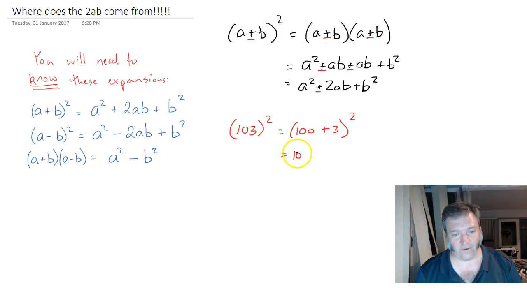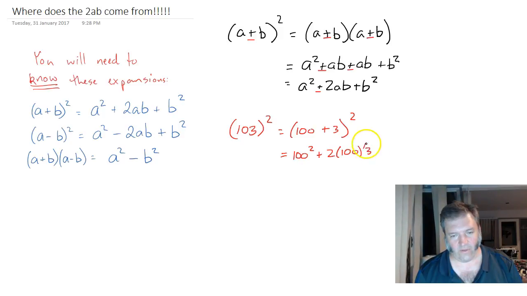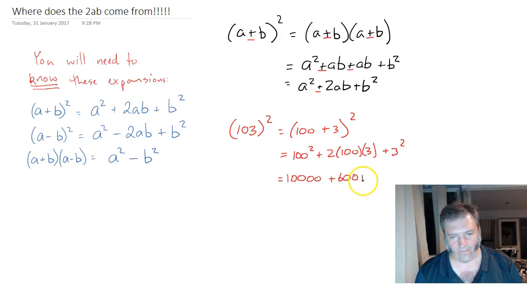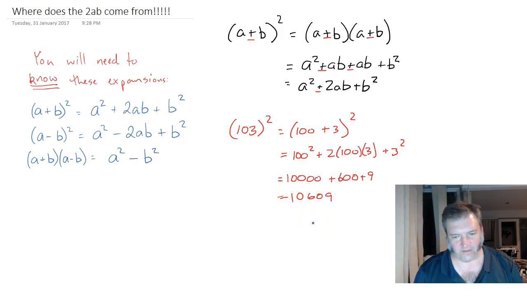It's 100 squared plus 2 times 100 times 3 plus 3 squared. And you can actually do that in your head. It's not going to be very hard. What's that? 10,000. That's enough zeros. Plus 2 3s are 6 times 100 is 600. Plus 9. 10,609. So you can use this for that sort of thing.